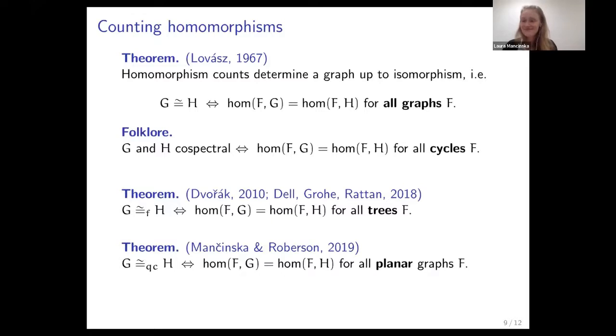Okay. There's a question in the chat, maybe. It says, the graphs that are isomorphic but not quantum isomorphic look quite dense. Are there examples of planar graphs or less dense graphs with the same property? Or maybe quantum isomorphic but not isomorphic? Yeah, we haven't looked into that.